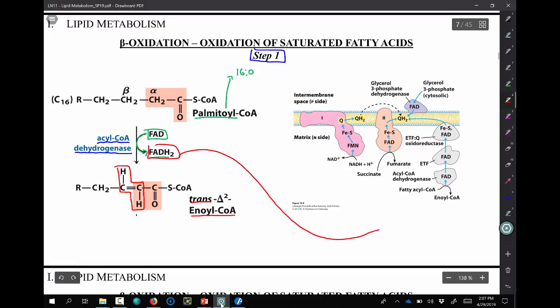Now, that FADH2, I'm going to bring this over here and look at this. We talked about in lecture 9 how complex 1 and complex 2 lead to the production of QH2. We also looked, when we were looking at carbohydrate metabolism, at how the glycerol 3-phosphate shuttle will lead to FAD and QH2. We are now at fatty acid breakdown, and we are looking at this enzyme right here, acyl-CoA dehydrogenase.